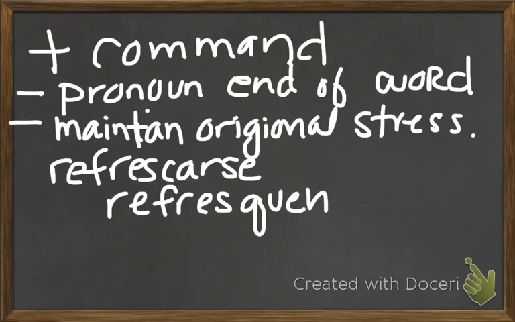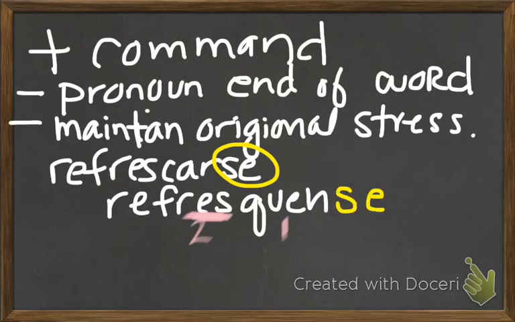Now when we look at this word, it's got two syllables, one for this vowel pair and another here. All of our commands follow the rules. So it's refresquen. So our stress is where it's supposed to be here on the second to last syllable. But once I add the pronoun to the end of it, so this se has a pronoun that goes on the end, it moved what was the second syllable back to the third syllable back.